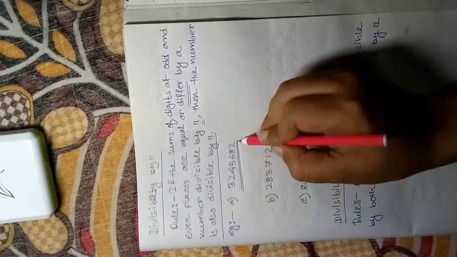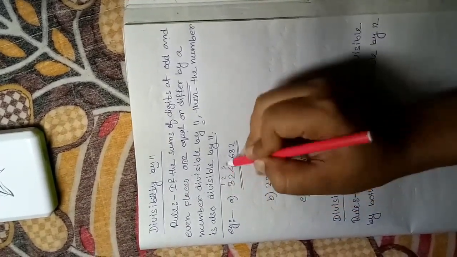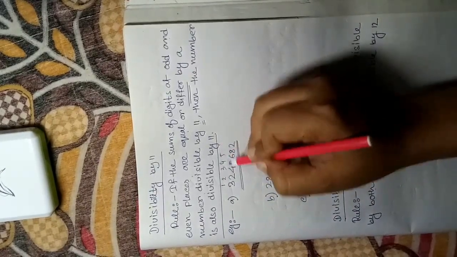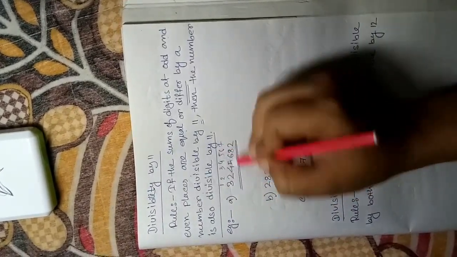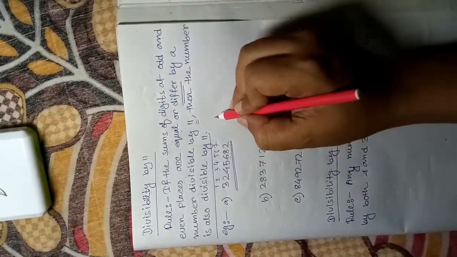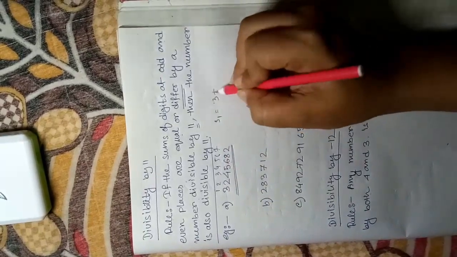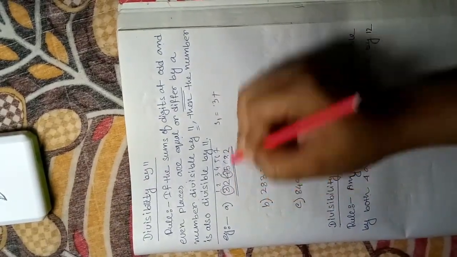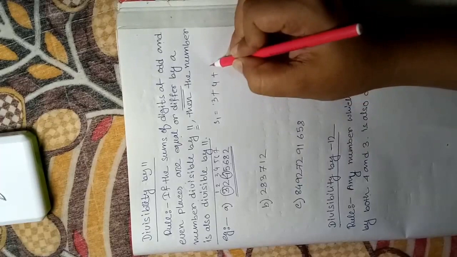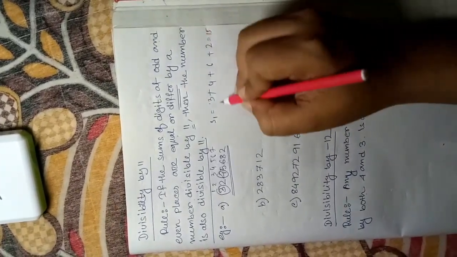So this is the number, and we can name the places as odd place 1 2 3 4 5 6 7. The odd place digits, if I sum them, suppose s1, are 3, 4, 6, 2, that is 15.